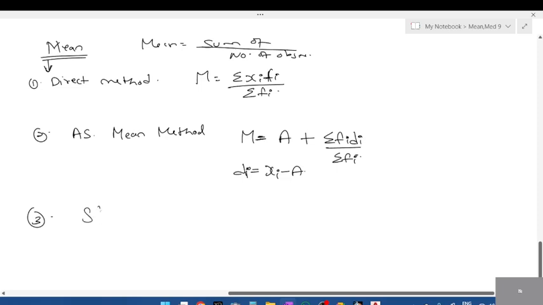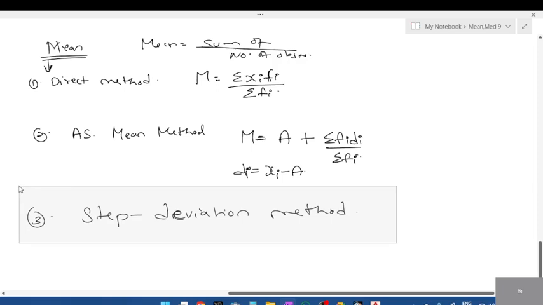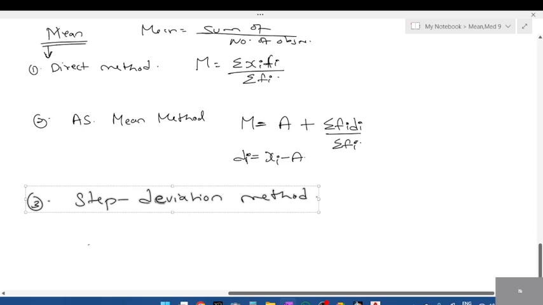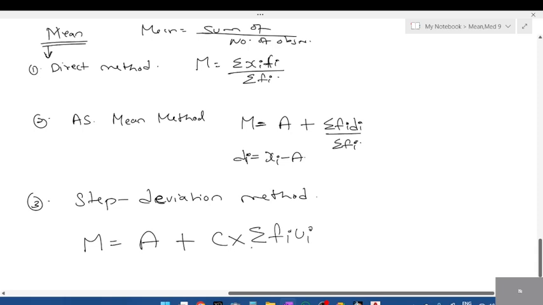The formula for step deviation: mean is equal to the assumed value a plus c into summation of fi ui divided by summation of fi.